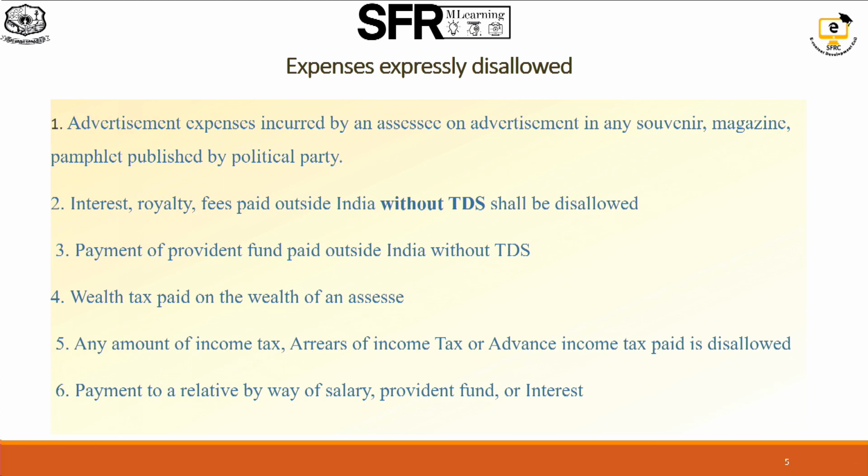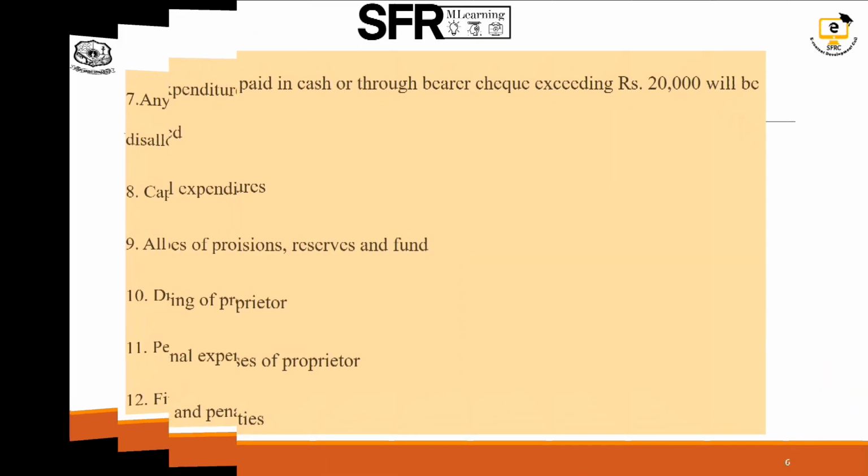Wealth tax paid on wealth of an assessee, any amount of income tax, arrear of income tax or advance income tax paid is also disallowed. Payment to a relative by way of salary, provident fund or interest will also be considered as disallowed expenses.